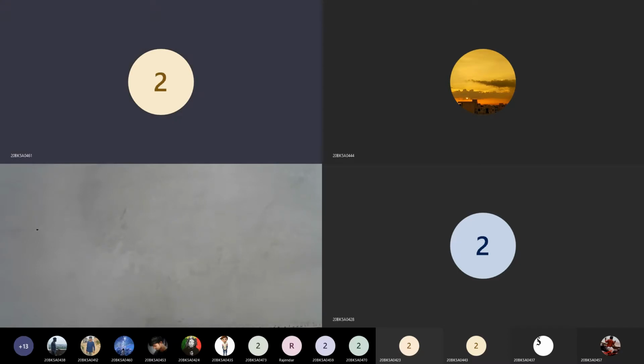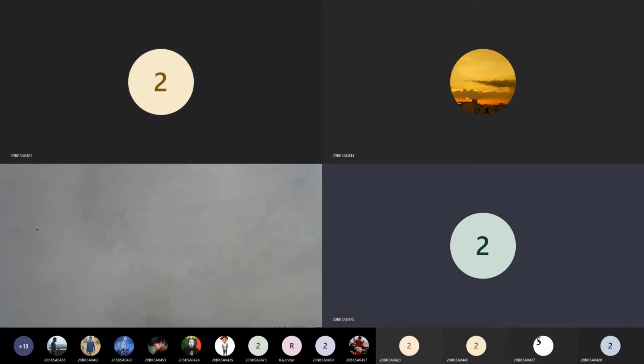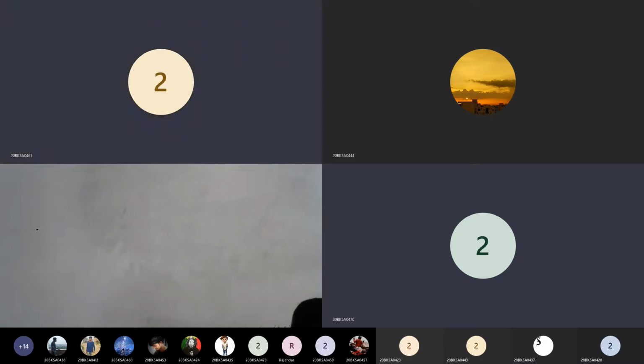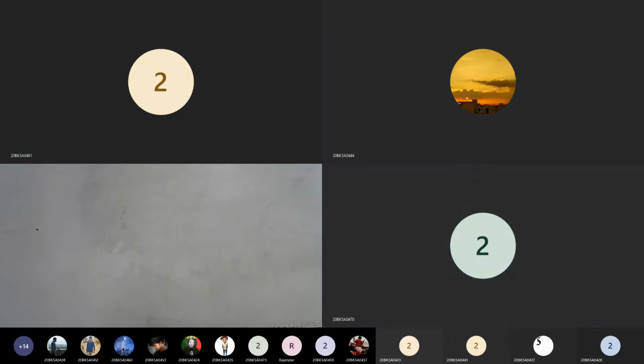Can anyone tell me what are the other names for the gray code? Unit distance. Very good. Next, cyclic code, reflective code, and mirror image code. These are the four names for the gray code.